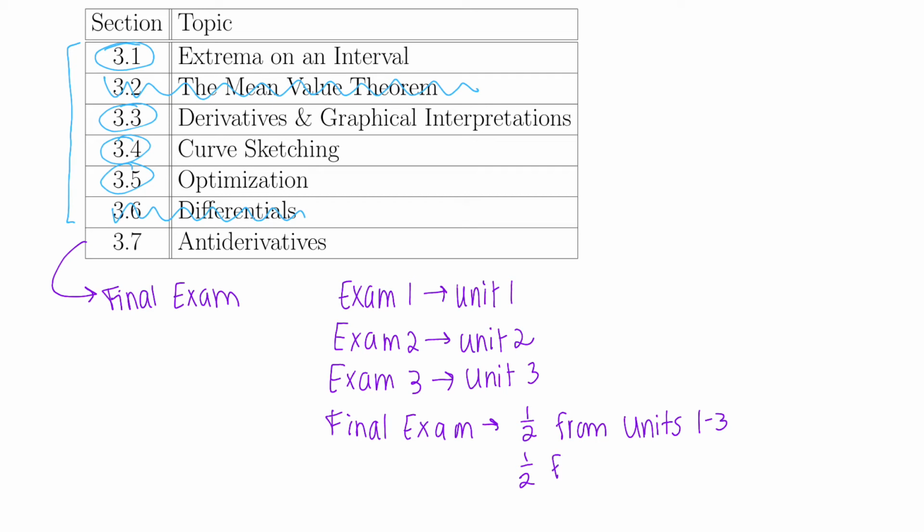There's no test 4 and then a final exam; I think it's a little excessive to have you doing a test and then immediately a final. So half of the final exam will be Unit 4 material, and half from Units 1 through 3.